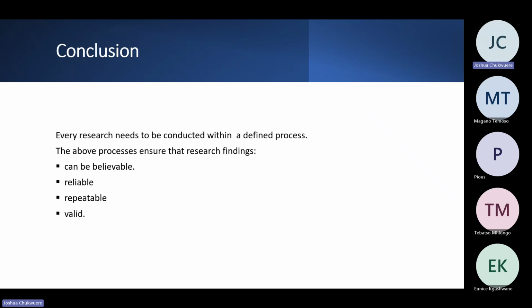And when it can be relied upon, decisions can be made. It can be taken from that research, whether it be health research or non-health research. If the process has been followed, readers are going to believe it, and it can be reliable that whatever has been proposed can solve a given problem.